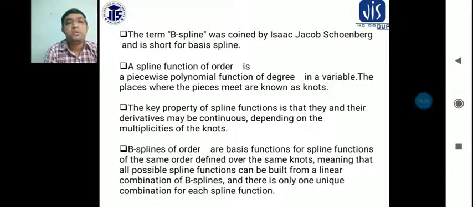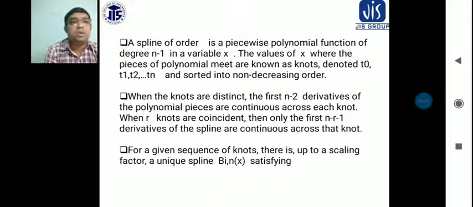Basically, when we draw B-spline curves, they require unique combinations, unique polynomial values, and each and every spline function will be considered. A spline of order n is a piecewise polynomial function of degree n minus 1 in a variable x.